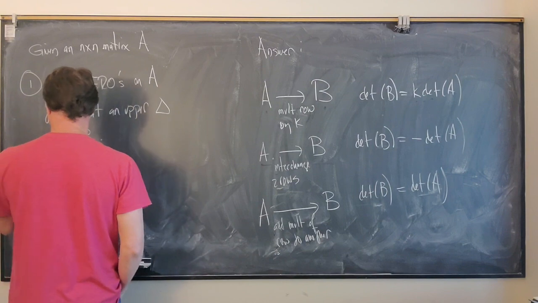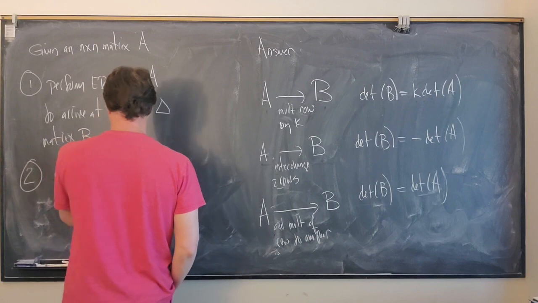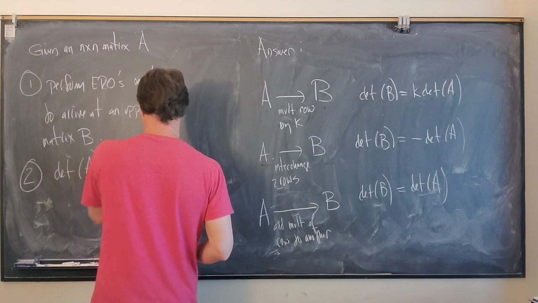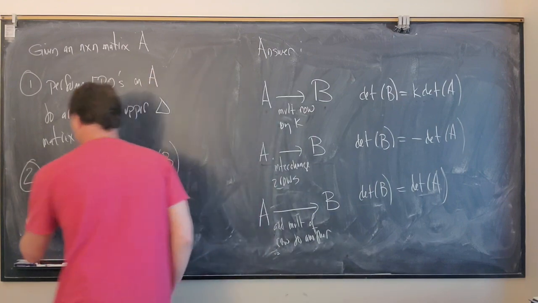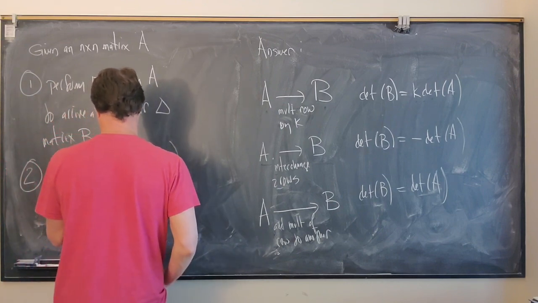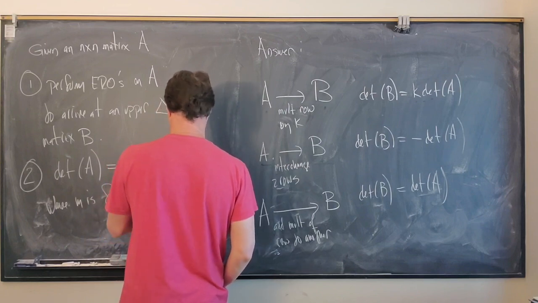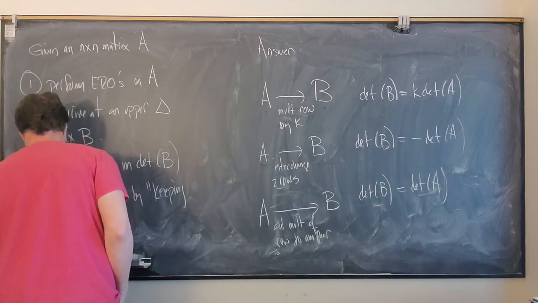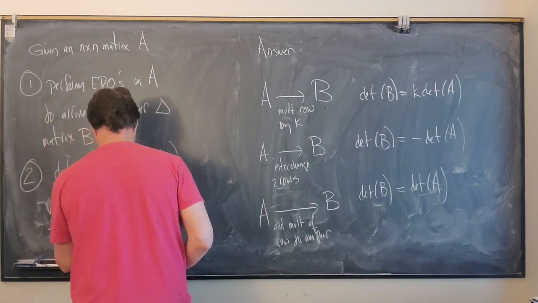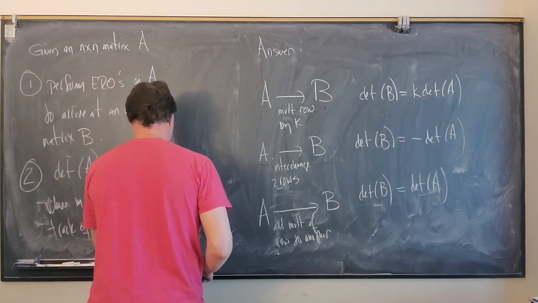So now, the determinant of A is equal to some constant m times the determinant of B, where m is found by, and I'll just put this in quotes, keeping track of the effect of elementary row operations.